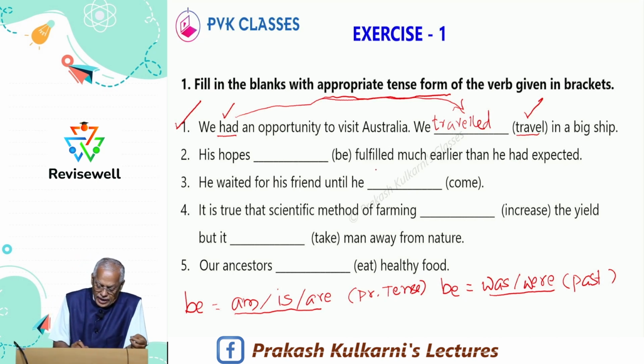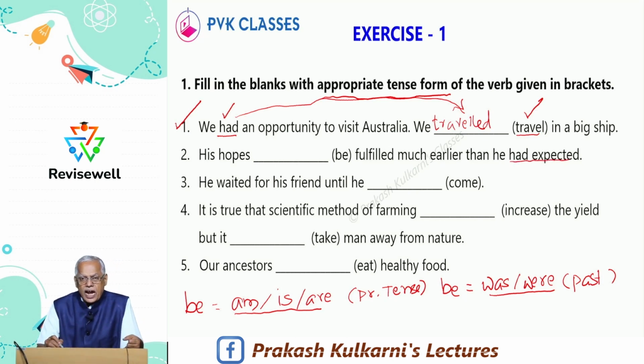His hopes dash fulfilled much earlier than he had expected. Now had expected, had is there, had is already past tense. Therefore, we should go for past tense be verb. Now was is singular and were is plural. Now which one should we select?